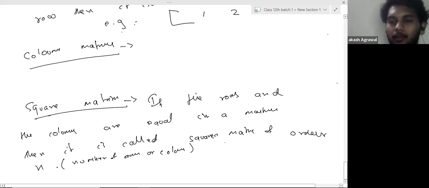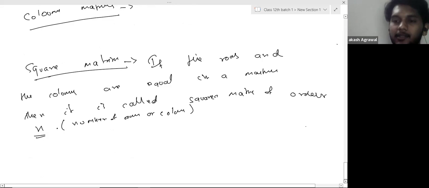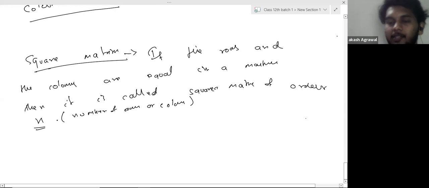If it has m rows and n columns, then m cross n. But here both are equal, so we only write n. If it is 3 by 3, then order 3. If it is 4 by 4, then order 4, and so on.